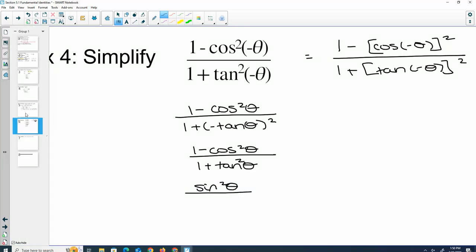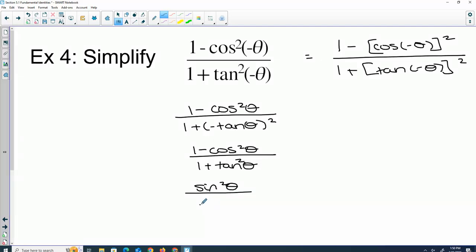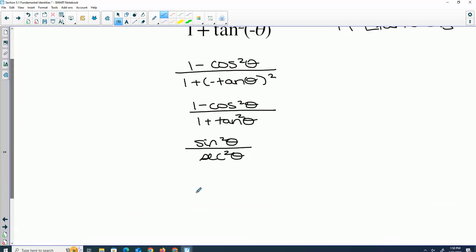Okay, what is 1 plus tangent squared? Alright.